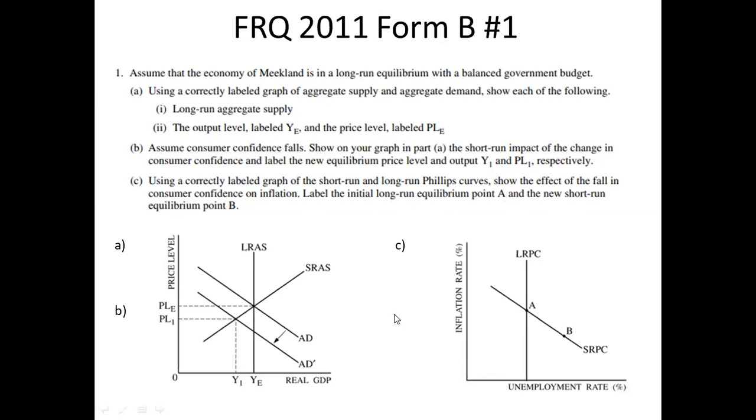Remember, these graphs are not drawn on top of each other, but they are tied together. So when one thing happens on here, something happens on here. All right, so now we are going to look at this and see what happens to the graph.